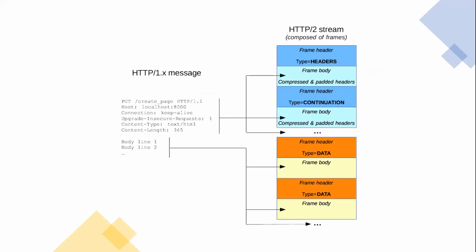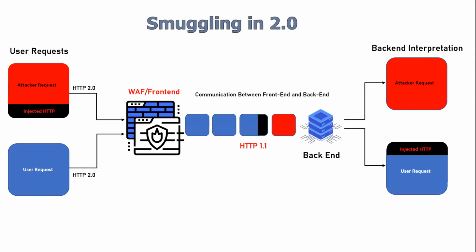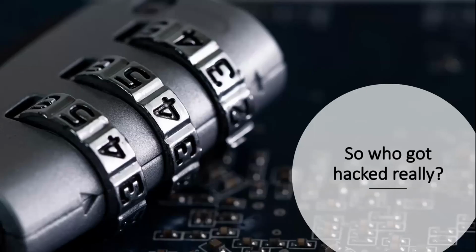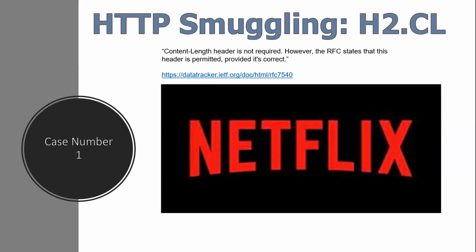That's a drop in the bucket. You can simply imagine that everybody else is just, whatever, you don't know what's in there. So let's get to it. Who got hacked by HTTP Smuggling 2.0 and how? That's the more interesting part. Let's start with Netflix.